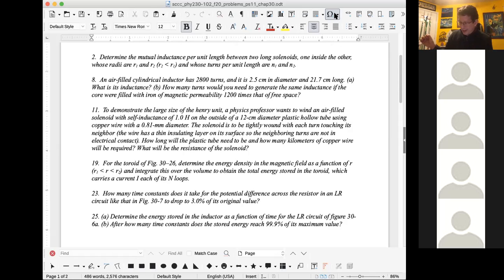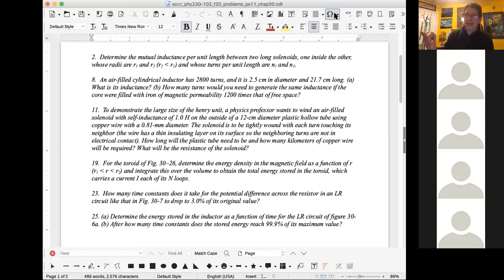Basically, the current is built up to its maximum value, and then you flip the switch, so you're bypassing the power supply now. So the current is going to go down to 0. But remember, the inductor is going to oppose that change, so it's going to take a measurable amount of time for the current to go down to 0. This is like a discharging capacitor.